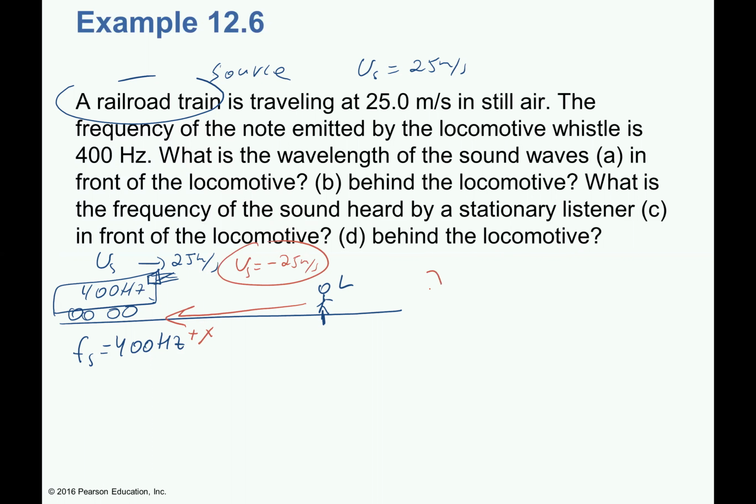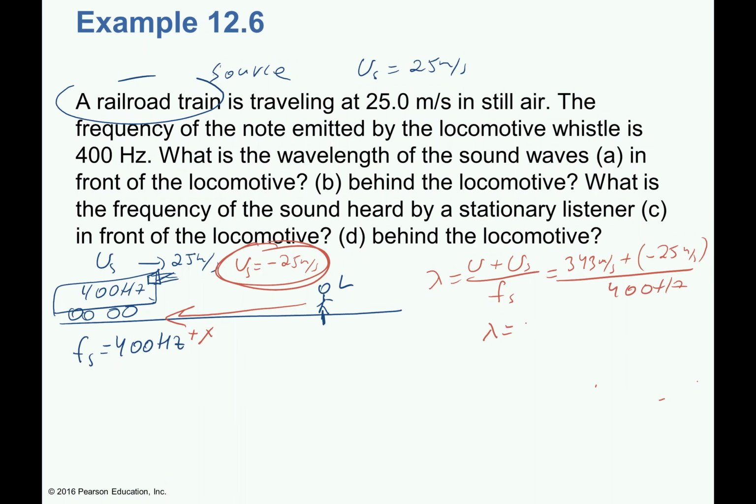Now, the equation for the wavelength is this. It's the velocity of the sound plus the velocity of the source, divided by f of s, the frequency of the source. Okay. And in this case, this is 343 meters per second, plus V of S. But because V of S is moving to the right, where my positive direction is to the left, it's negative 25 meters per second, and divided by 400 hertz.